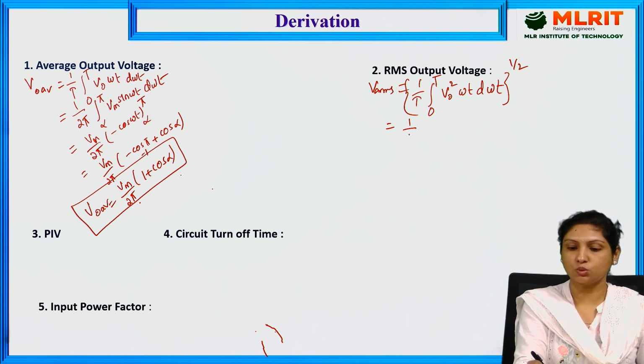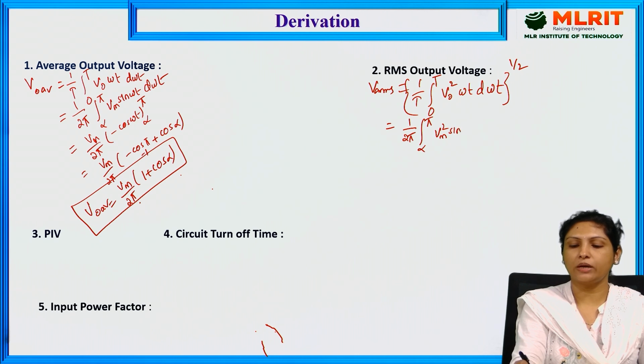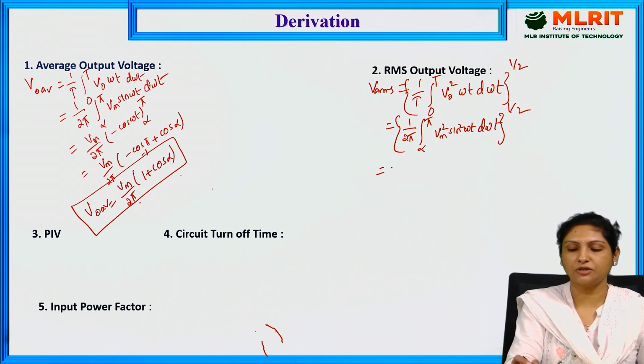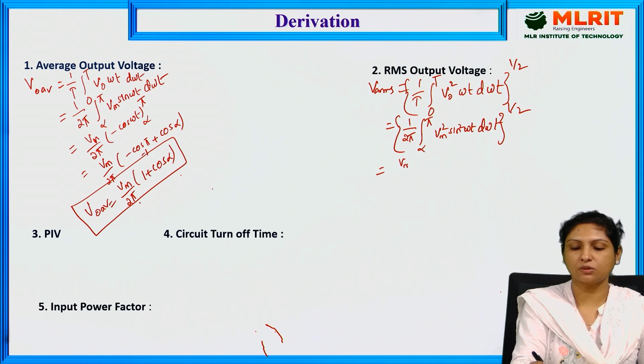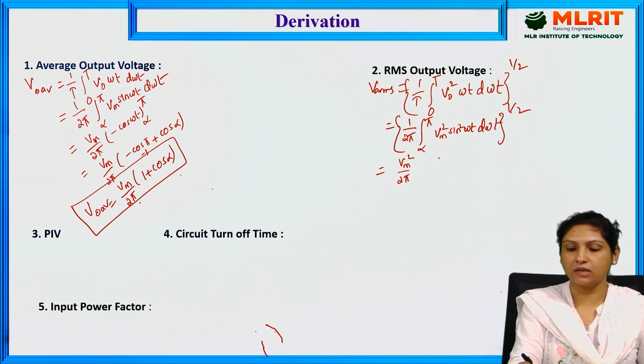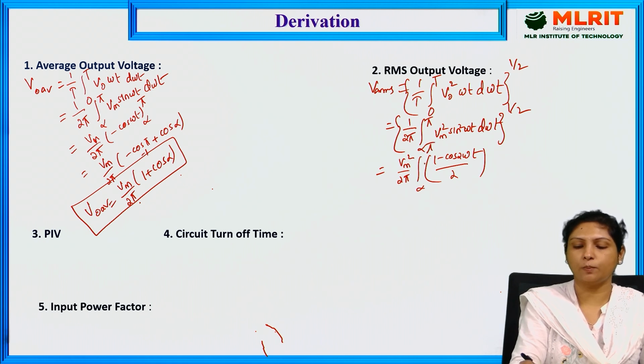That is the reason the total time period is taken as 2 pi, and it is actually conducting from alpha to pi, where V0 is Vm sine omega t, so we get Vm square sine square omega t d omega t whole to the power of 1 by 2. If we resolve this expression, Vm square is constant, bringing it out, Vm square by 2 pi, and in order to integrate sine square, let me write it as (1 minus cos 2 omega t) by 2, integration from alpha to pi whole to the power of 1 by 2.